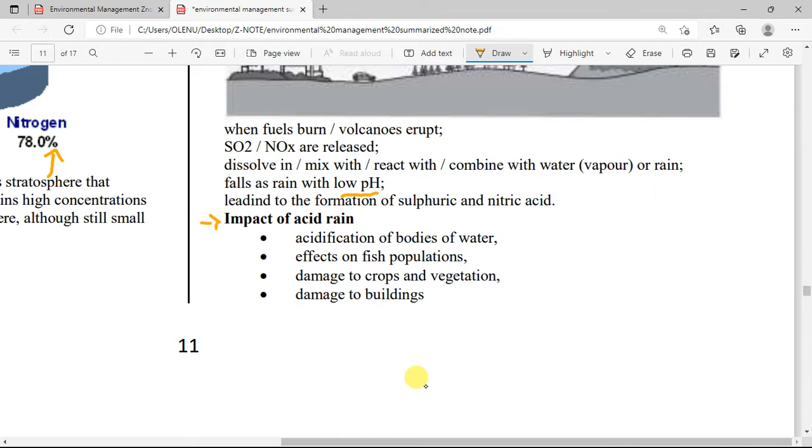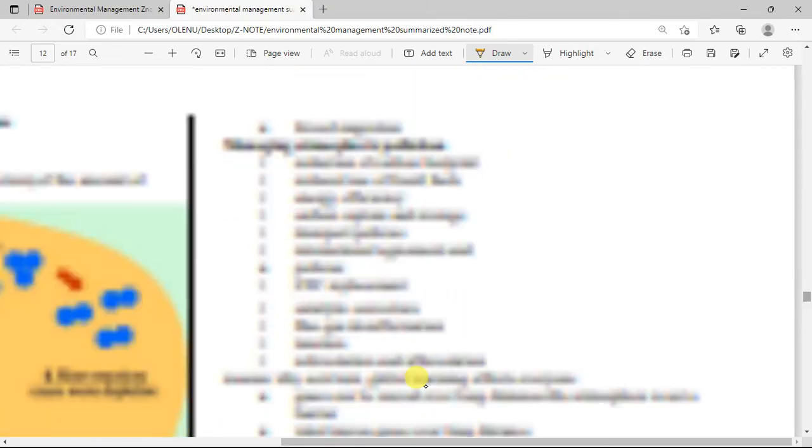Well, what is the impact of acid rain? Normally it causes acidification of water bodies, and if a water body is acidified, you find out that the fish population will decrease, so some fish will die. It leads to damage of crops and vegetation. It leads to damage of buildings also.